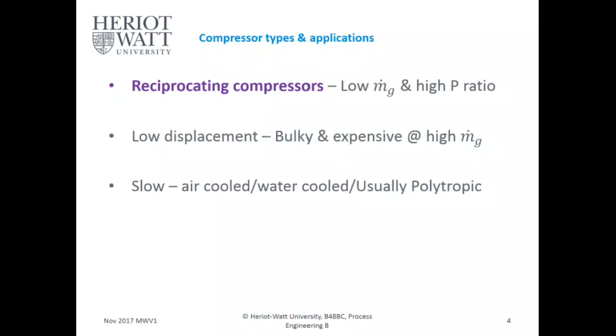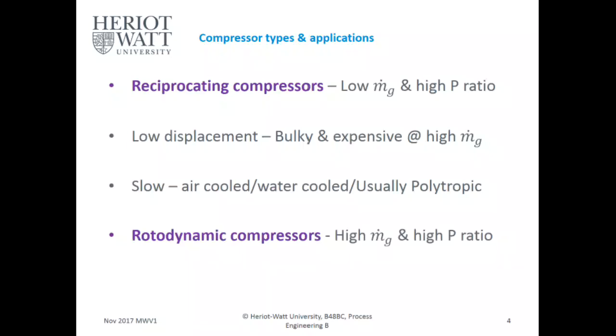With reciprocating compressors, they're quite slow. They're air cooled or water cooled, so they're usually considered polytropic. So at any stage, volume and temperature are changing. Again, if we go back to the previous one, the low displacement, bulky and expensive applies to rotodynamic compressors.